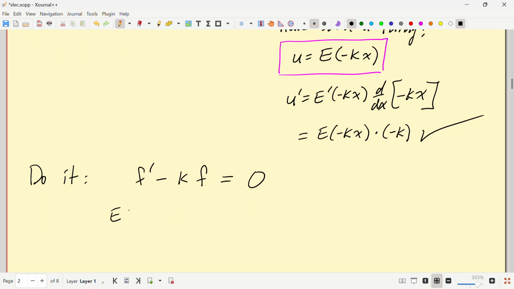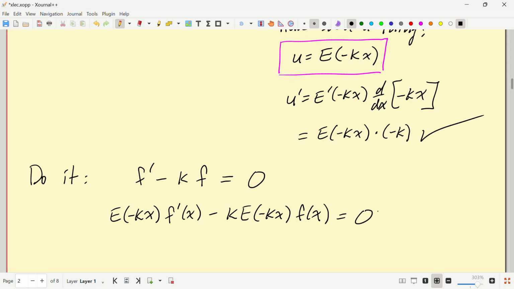That would be e to the minus kx times f prime of x minus k times e to the minus kx times f of x. So I multiply that by e to the minus kx. Multiply by the integrating factor.